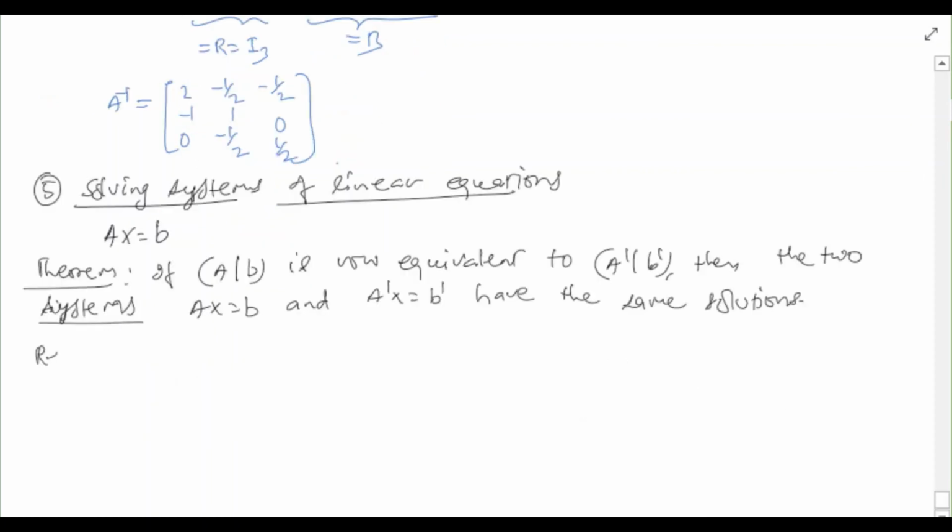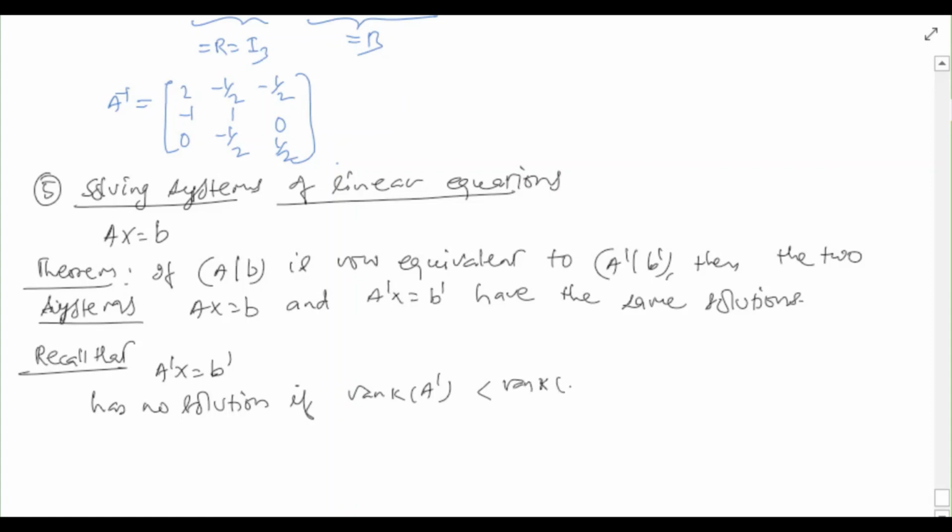Recall that the number of solutions of A prime x equals B prime is governed by the rank of A prime and A prime B prime. In particular, it has no solution if rank of A prime is less than rank of A prime B prime.